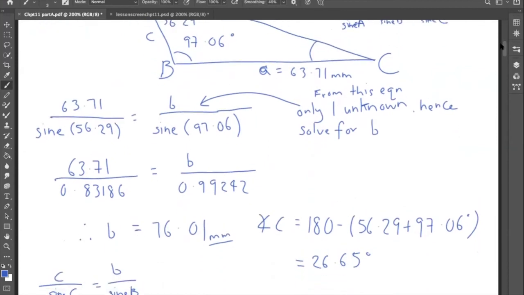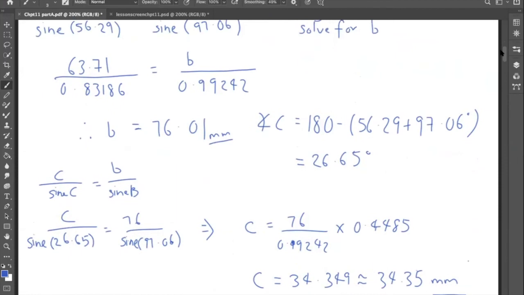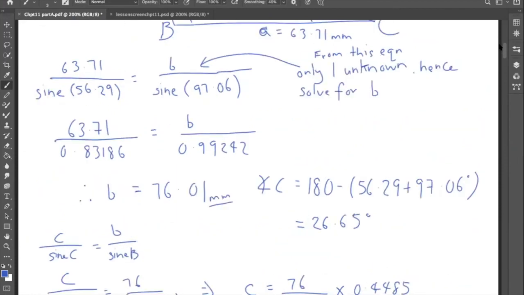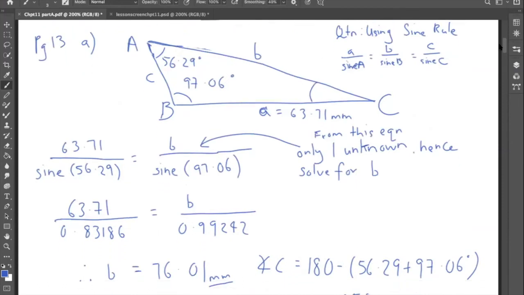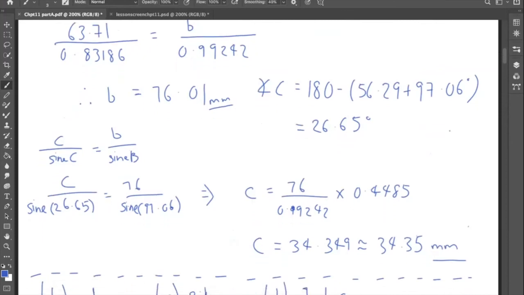All right. Next, I want to find the length c. Knowing angle C, I can use the formula c over sine C equals b over sine B. So c is actually 34.349, so we round off to 34.35.